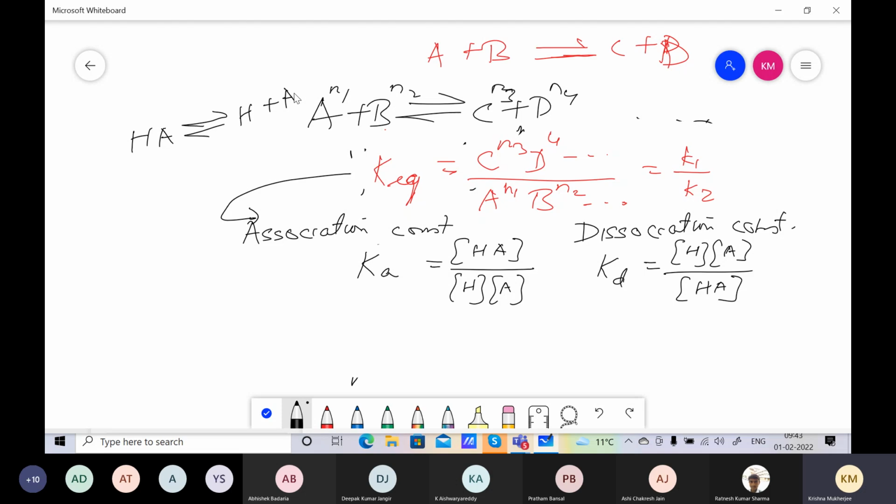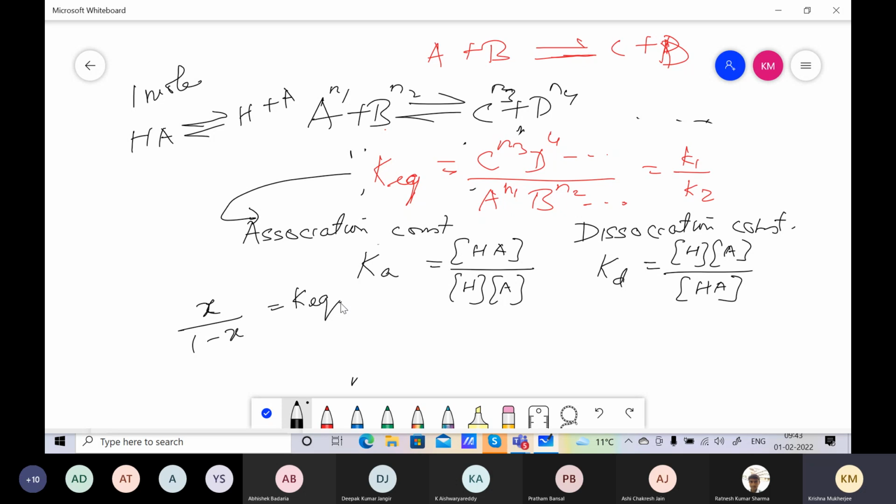So what would be the ratios of the equilibrium to this? If X is the amount of product formed, and you start with say 1 mole, then what is K equilibrium? I want your opinion on this. X upon 1 minus X is equal to K equilibrium.